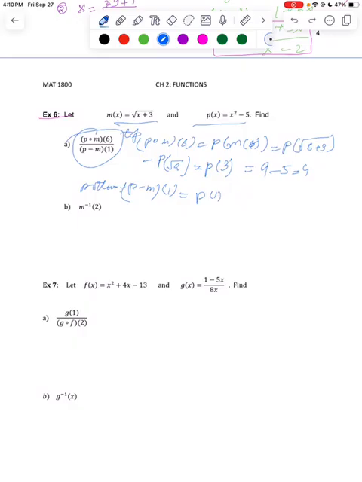Okay, so what is P of 1? Well, that will be 1 minus 5, so it will be negative 4. And then minus M of 1. So M of 1 will be 2, square root of 4, which is 2.